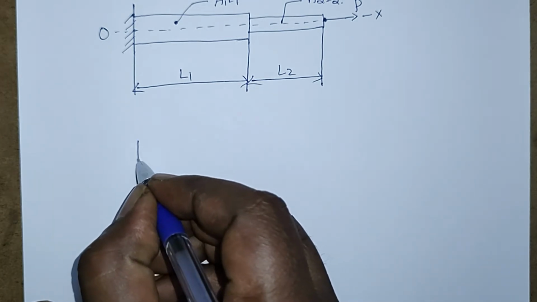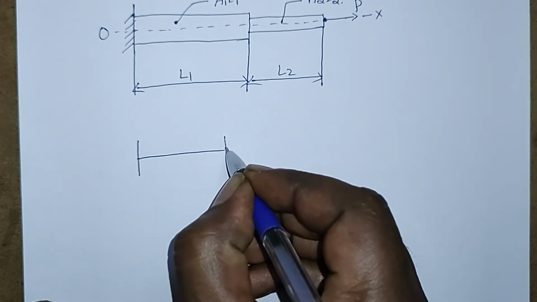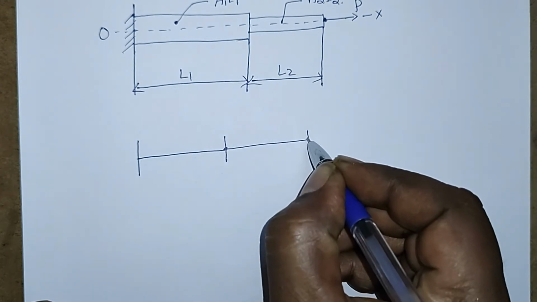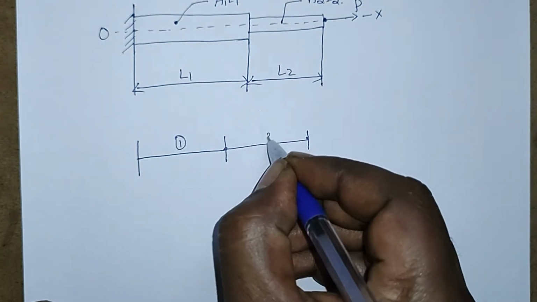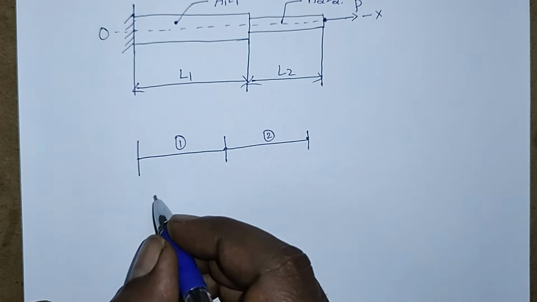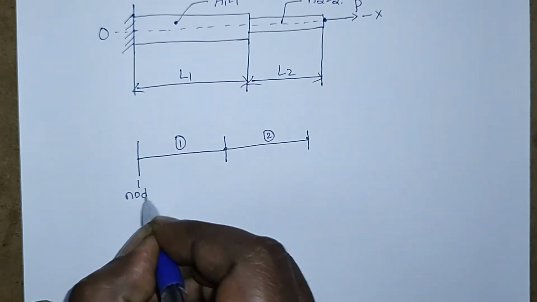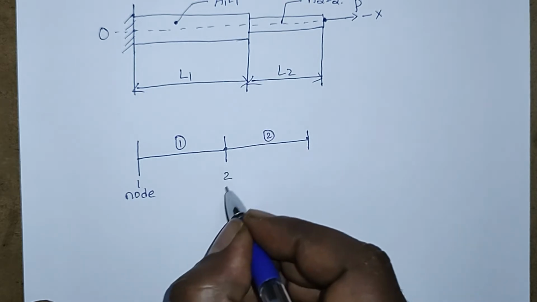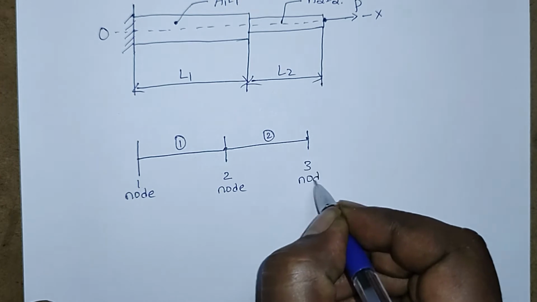This is the diagram which represents the discretization. In this diagram we first plot the first element and the second element. This is the first node, this is the second node, and this is the third node.